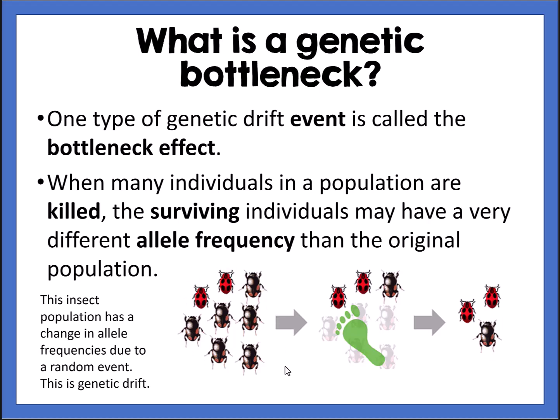So they have an allele, a phenotype frequency that you can see here, and then a large portion of that population gets randomly wiped out by being stepped on in this example, and suddenly the allele frequencies are dramatically different and you're going to end up with more of these red individuals and fewer of the black individuals. So the allele frequencies have changed, but not because red individuals are better suited for their environment, it's just random chance.